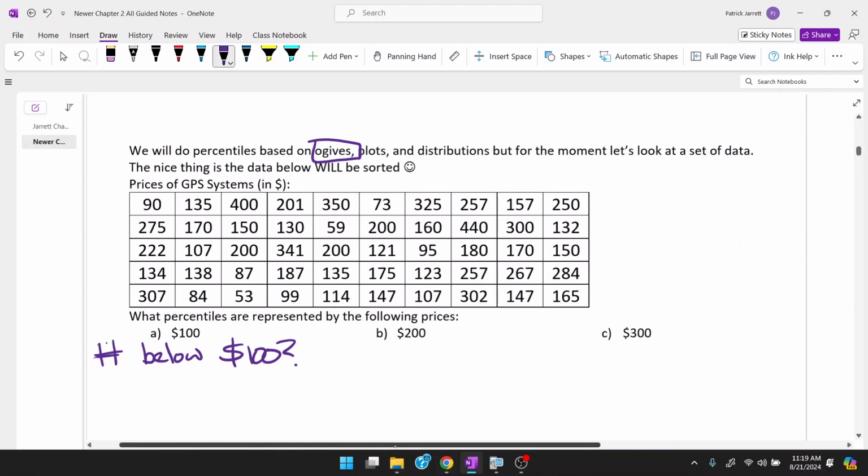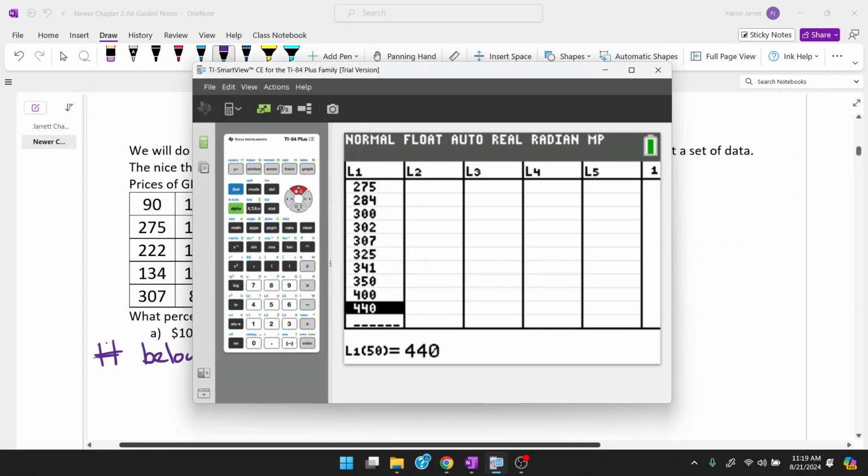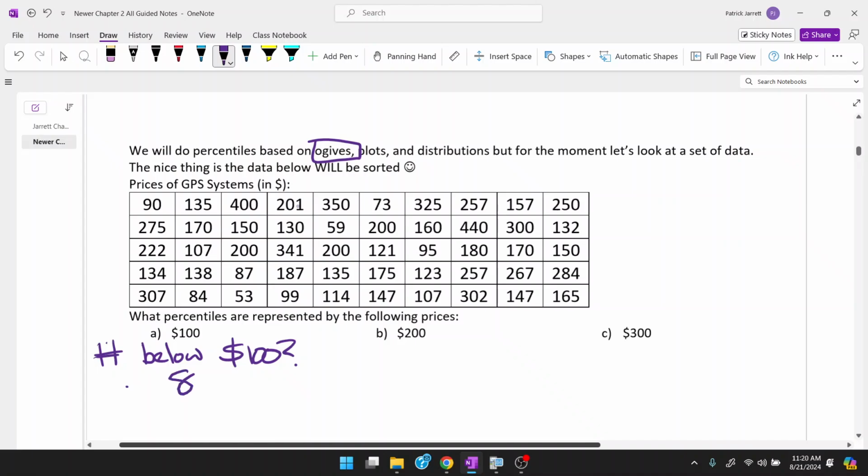So let's take a look at this. This is the 8th value. Now, this is the 9th, but that is over $100. So, how many were below $100? There were 8 of them.